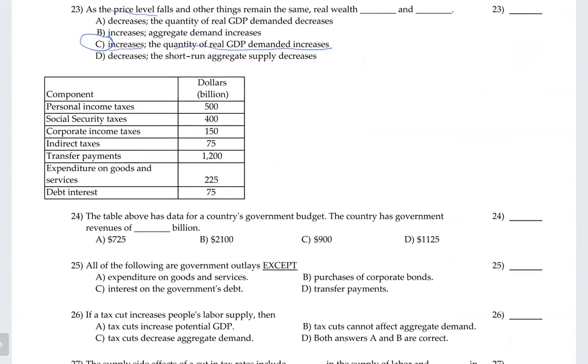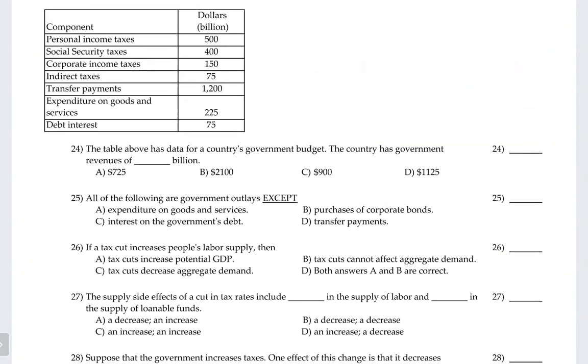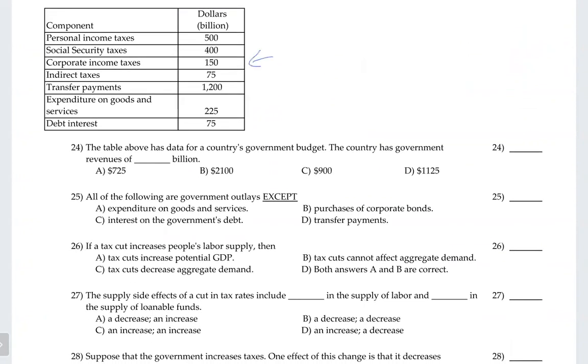Now we move to the next one, 24. We have this table, and it asks you for the government revenue. Government revenue usually comes from tax. This is tax, this is tax, this is tax, and tax.